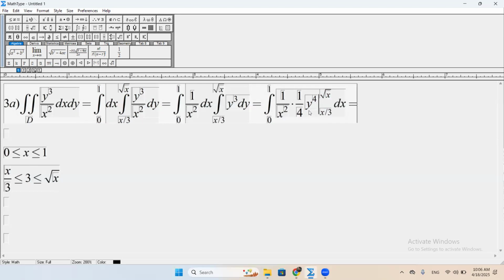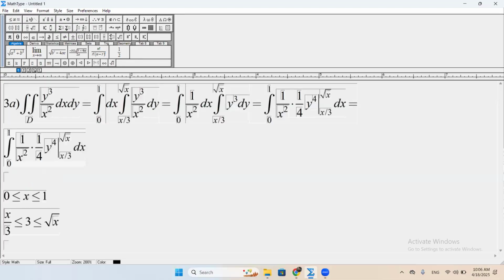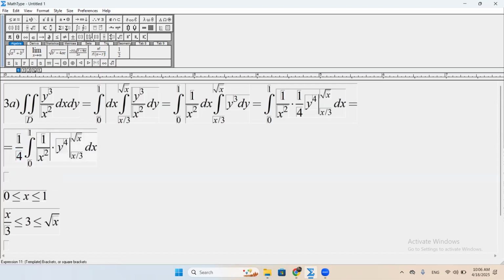So now, calculating. Okay, let's move to another line. x square minus x to the power of 4 over 81.